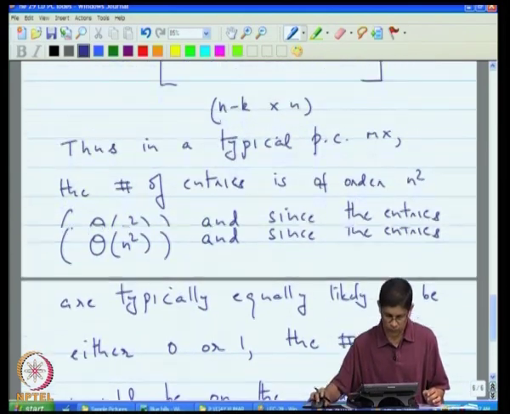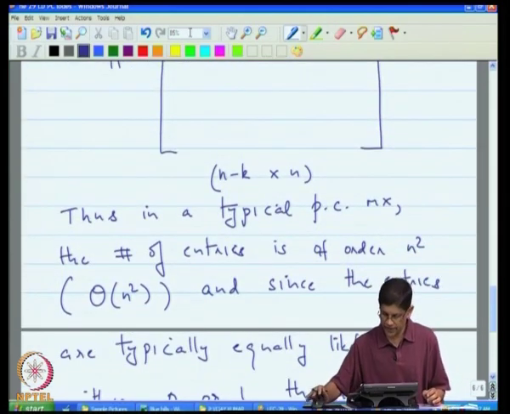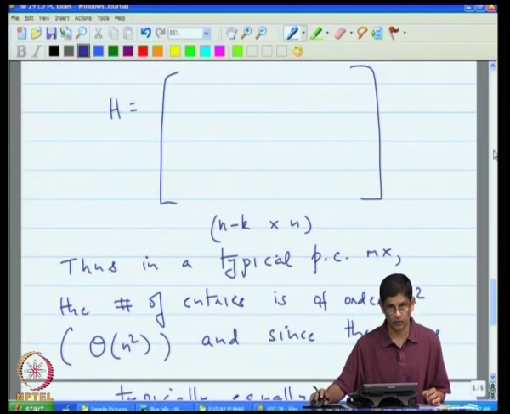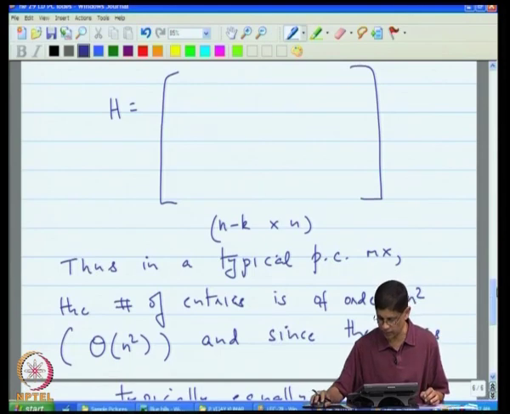Okay. So, this is where LDPC codes are different, because in LDPC codes, the number of ones is not of order n squared, but rather of order n.